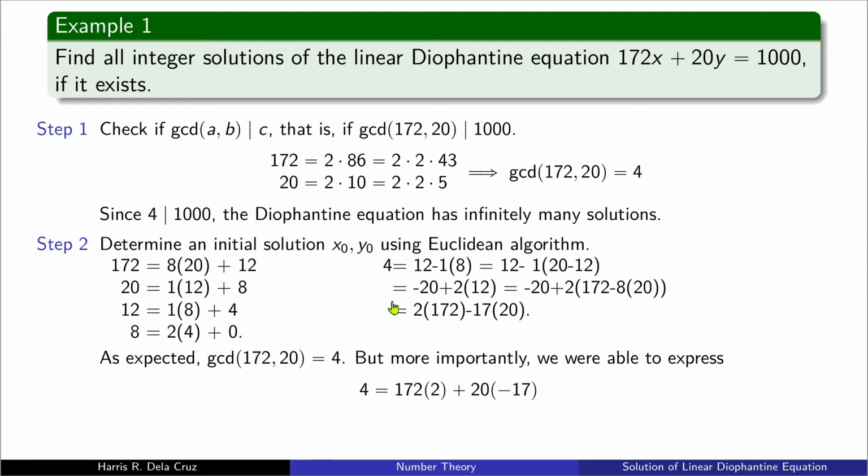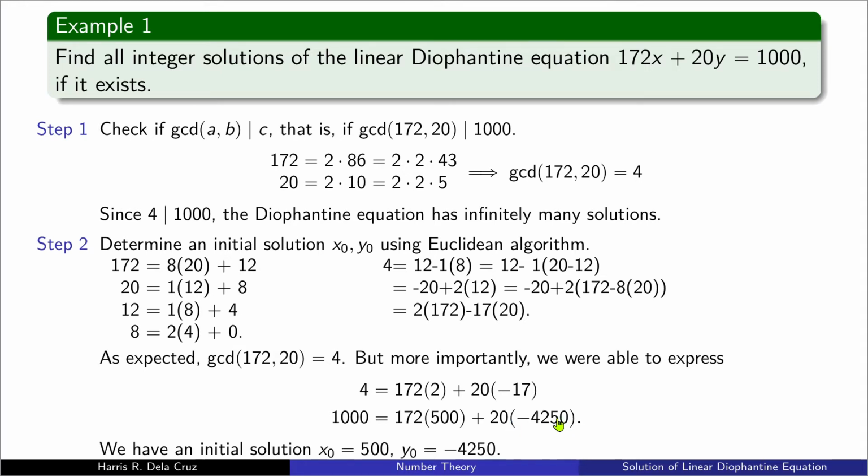So that means if we multiply this equation by 250, we get 1000 equals 172 times 500, since 2 times 250 is 500, plus 20 times negative 4250, since negative 17 times 250 is negative 4250. So we have the form of the original Diophantine equation, 1000 equals 172x plus 20y. That means we have our initial solution: x equals 500 and y equals negative 4250.